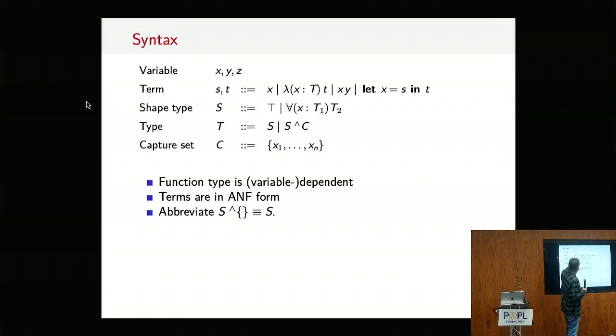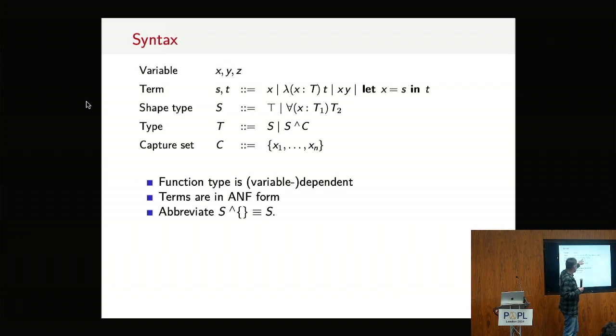Okay, so our language then has lambdas, applications, and lets, because the other thing I should say is that the whole thing is in monadic normal form. So in an application it's variable to variable. So I assume there's this expansion to monadic normal form. The types are top or the dependent function type, so functions now can depend on their parameters.